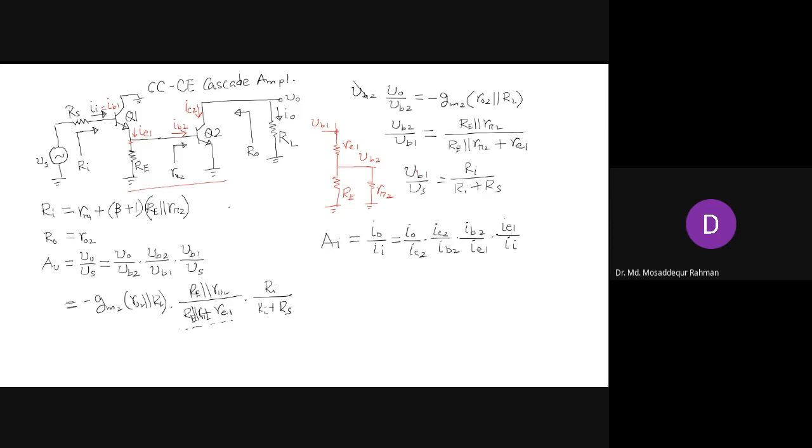So that is how we can express this current gain into the four gain factors, right? So first, I naught is the same as minus IC2 divided by IC2. Then IC2 by IB2, that is IC by IB, is beta, and you can put that as beta 2. IB2 by IE1. What can we write for this one?